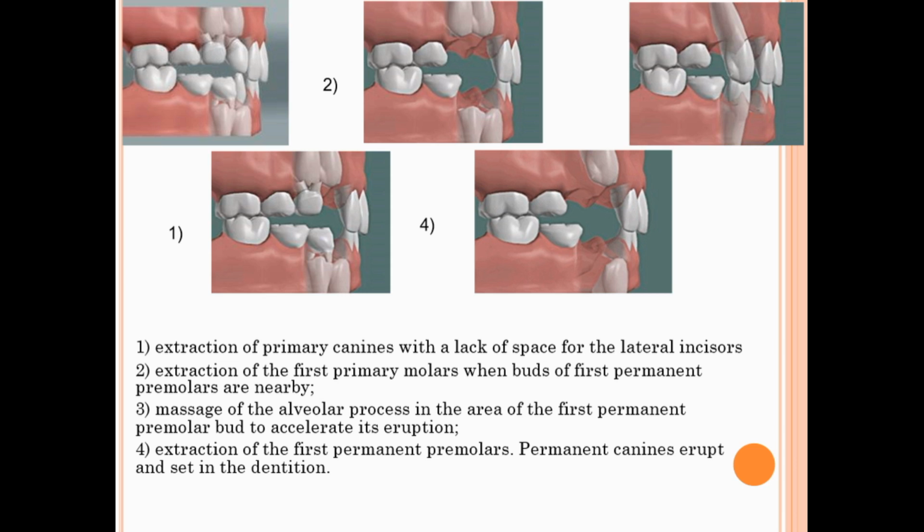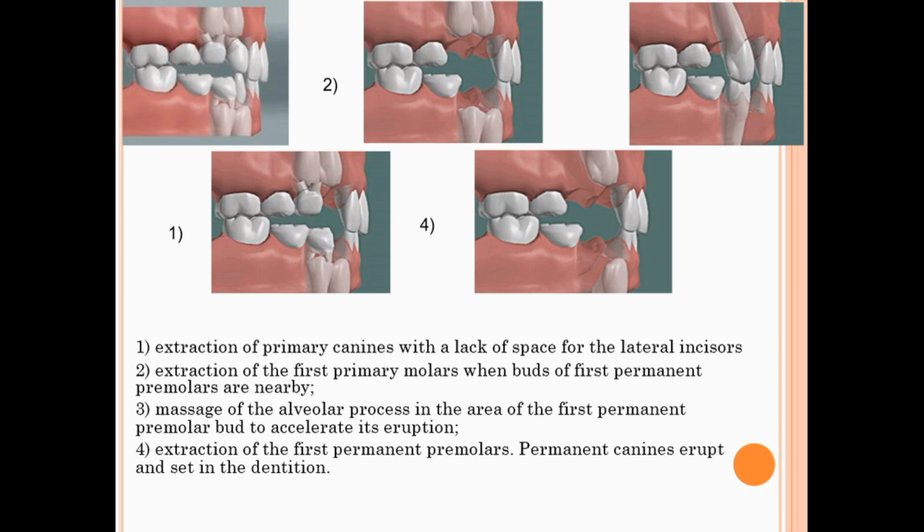First, extraction of primary canines with a lack of space for the lateral incisors. Second step, extraction of the first primary molars when buds of first premolars are nearby.